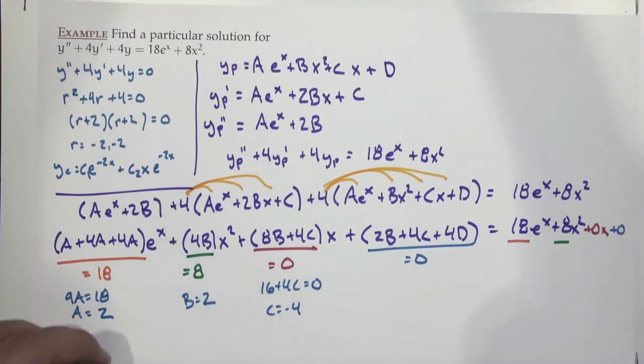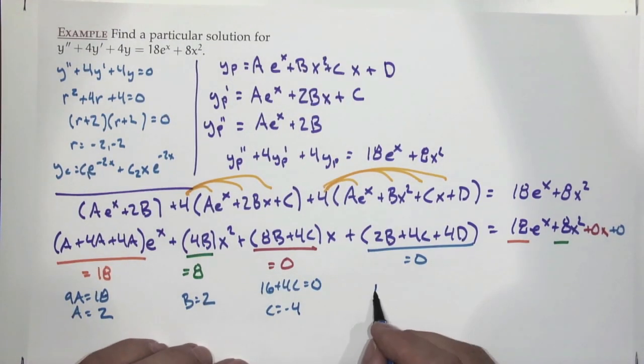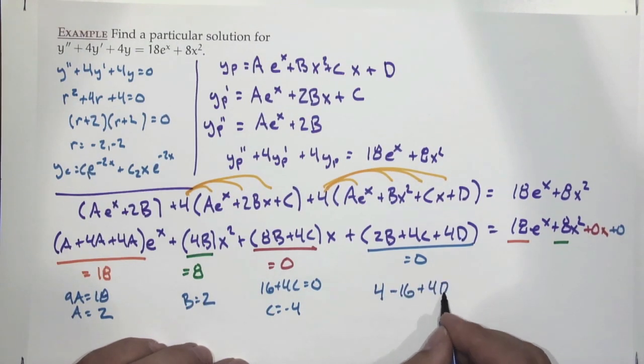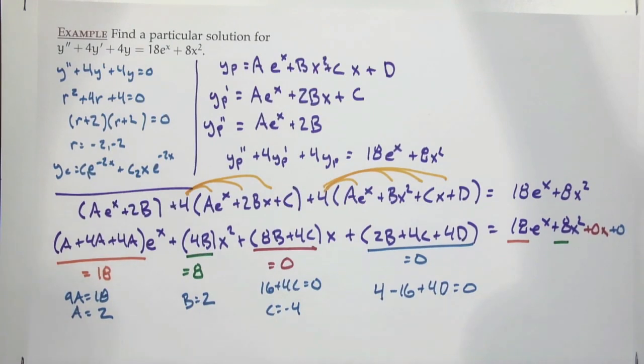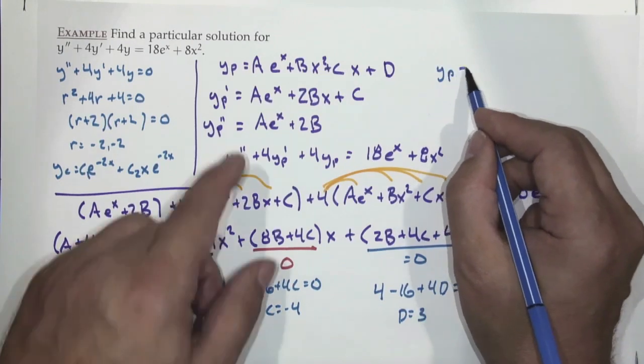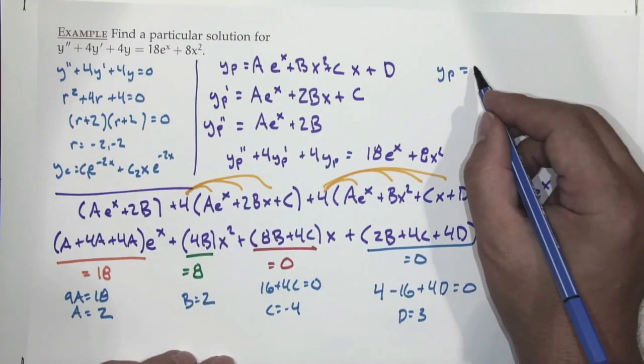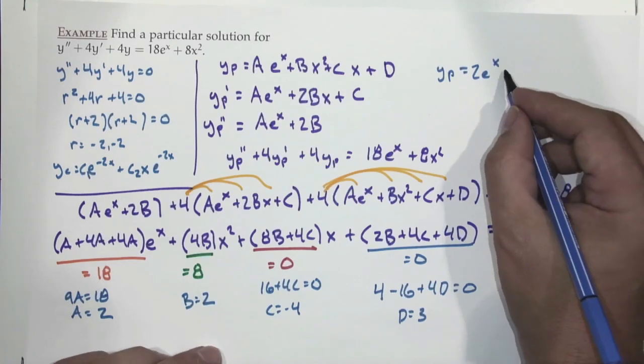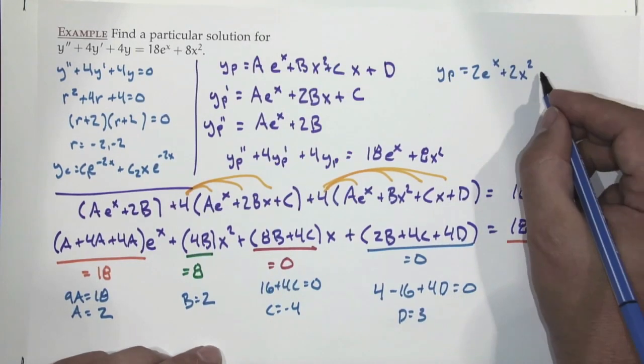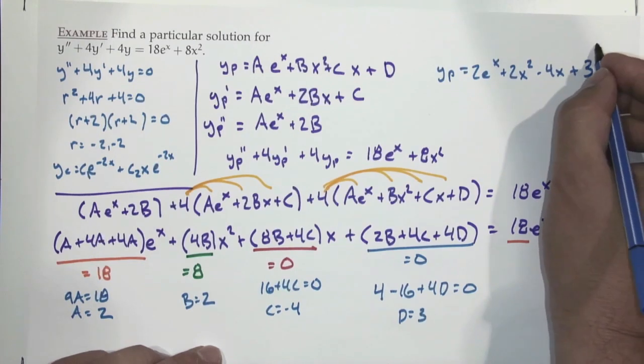Negative 4. 2b, that's 4. 4c, negative 16, plus 4d has to equal 0. What is d? d is 3. And now we solved our coefficients. Our coefficients are no longer undetermined. So our answer, well, we come back and throw in the coefficients. So it's going to be 2e to the x plus 2x squared minus 4x plus 3.